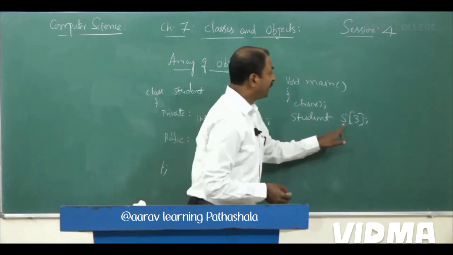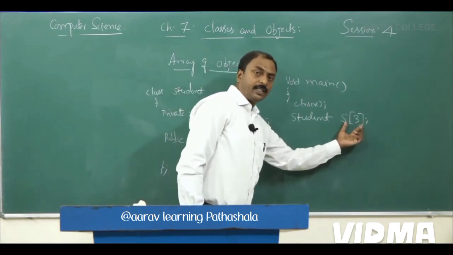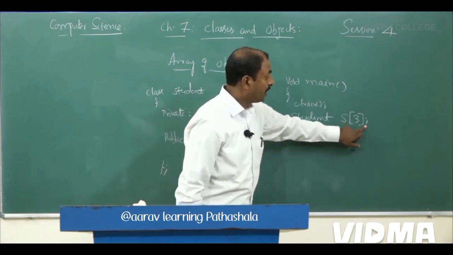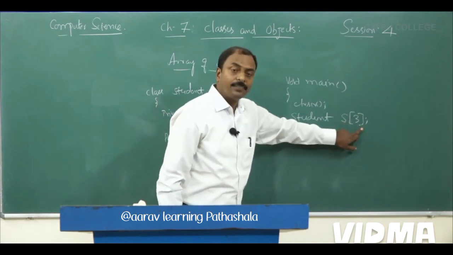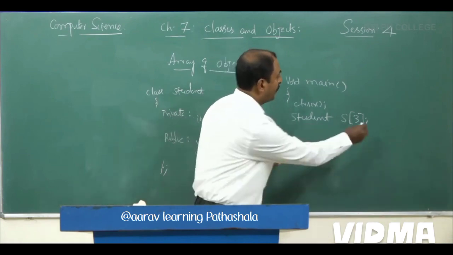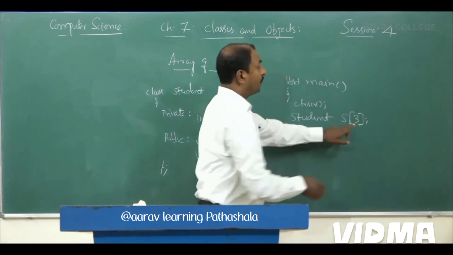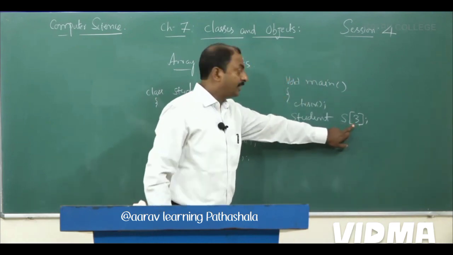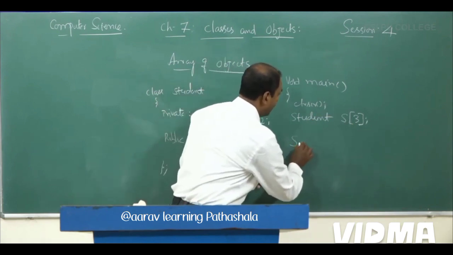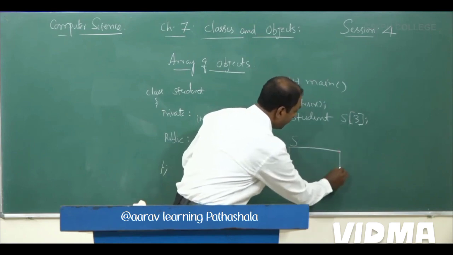Here, student s of 3, s is an array. What is the meaning of this? As all of you know, the size is 3, and s is the name of an array.